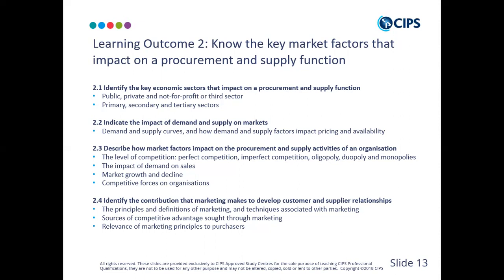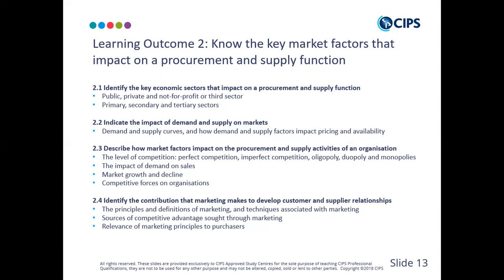It is referencing 2.1, which says identifying the key economic sectors that impact on a procurement and supply function, and we go on to talk about public, private, and not-for-profit or third sector. If I were to go into this, it would just be a repetition that to some degree would be senseless. So we are going to go on and deal with chapter 2.2.